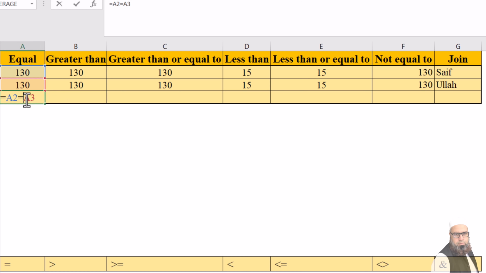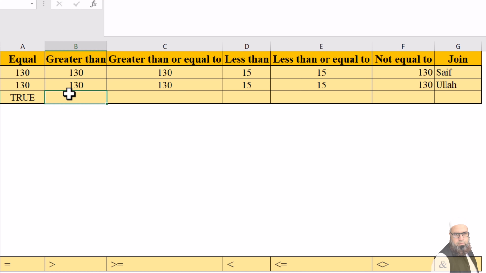If you see the formula, there are 2 equal to signs, before the start and between the cells. Before the start, equal to sign is for formulas, and equal to sign between these references is used as logical operator. Next we want to check greater than.